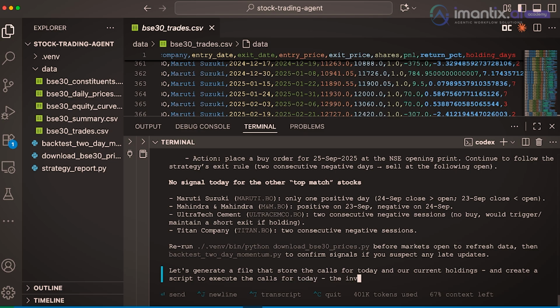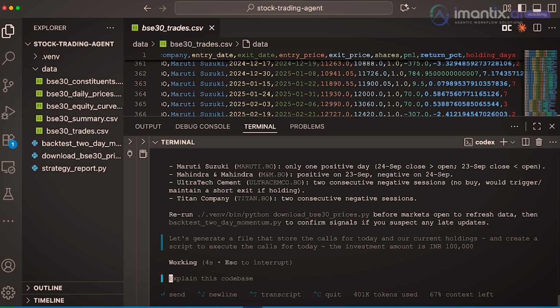The investment amount is 100,000 INR, so 1 lakh. So we'll be investing 1 lakh in L&T for today.